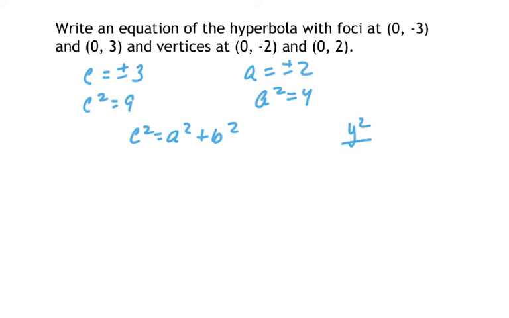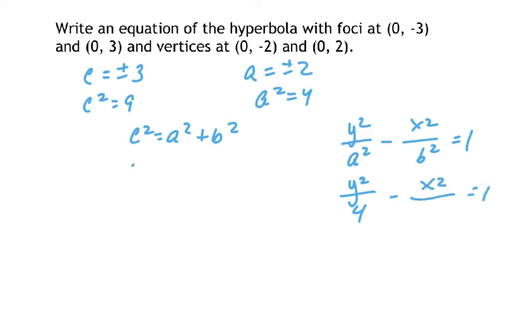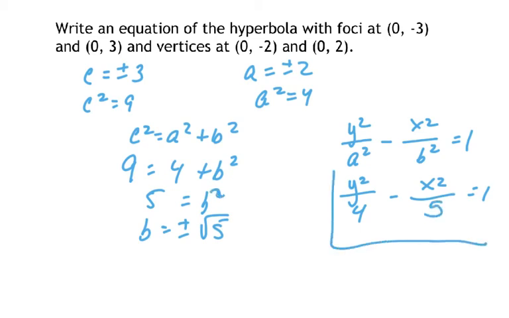So this is a y squared over a squared minus x squared over b squared equals 1 situation. We already know that a squared is 4, and c squared is 9, so 9 equals 4 plus b squared. That means b squared is going to be 5, and b is plus or minus the square root of 5. But to write the equation, we just need b squared. So we put 5 underneath our x squared term, and we have the equation of our hyperbola.